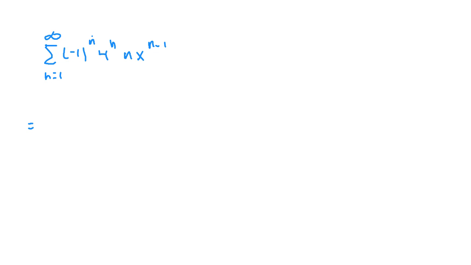And what we want to do is change the index from n equals 1 to n equals 0. But if we do that, we have to adjust all the n's by bumping them up 1.